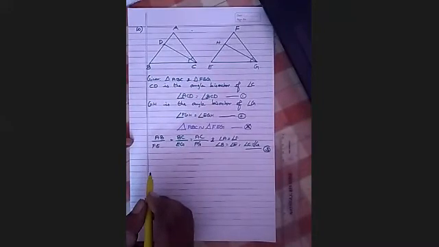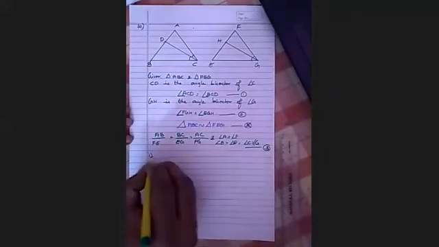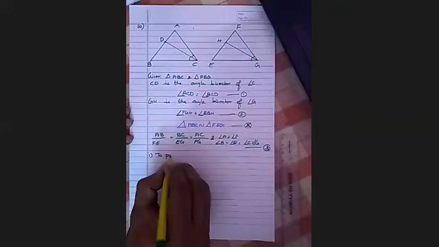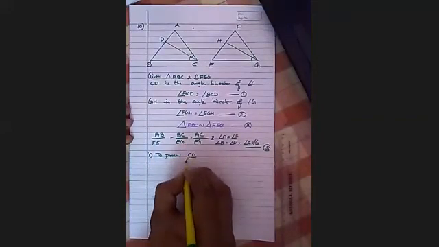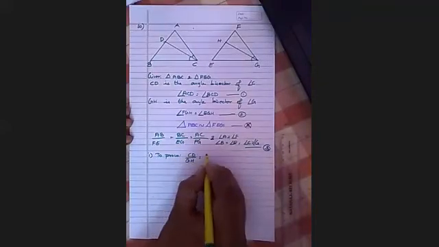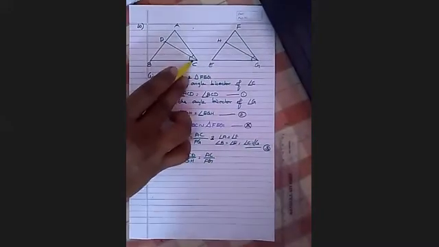Now we'll enter into the first proof we have to do. CD by GH is equal to AC by FG. That's what we are supposed to prove here.